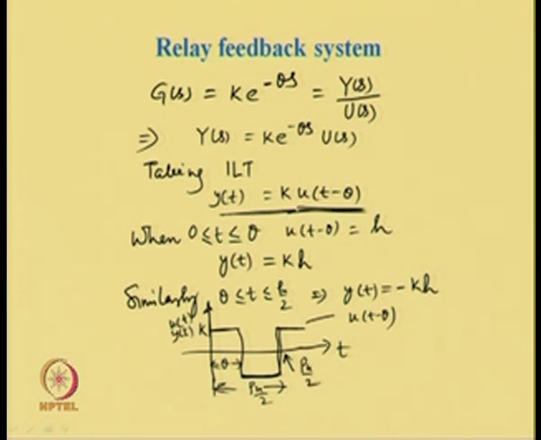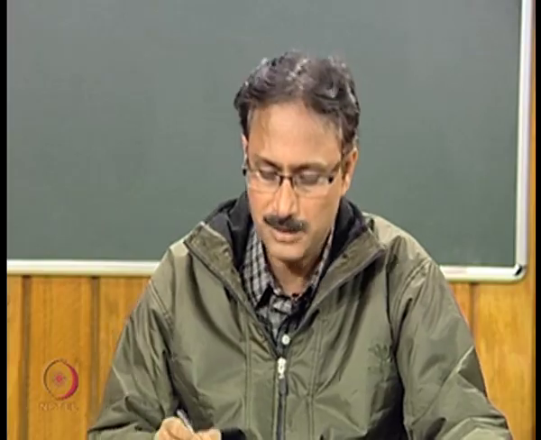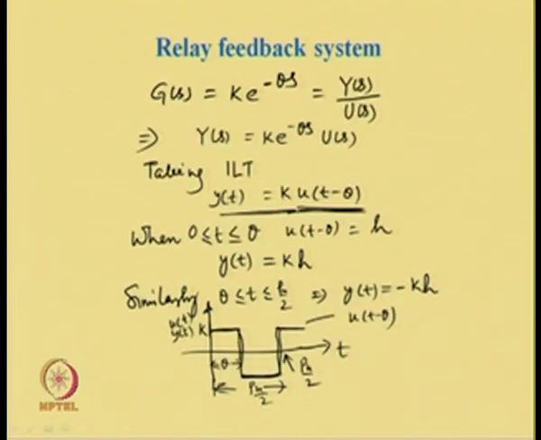But this cannot qualify as Pu by 2, because we have got already one period of output. If I look at the input signal alone, my input signal has started from time t equal to 0 till this point, and again it is going back. So, it already has made one period. So, half period can be denoted by this now, in which case theta is equal to Pu by 2.